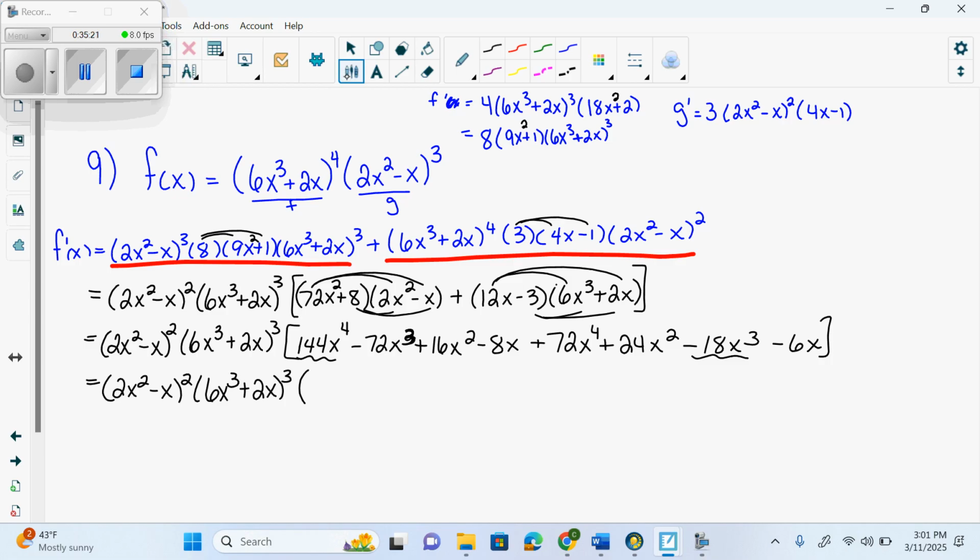Okay, 144 plus 72 is not 108. Either way, 216x to the 4. Negative 72x cubed. Negative 90x cubed. 16x squared, 24x squared is what?